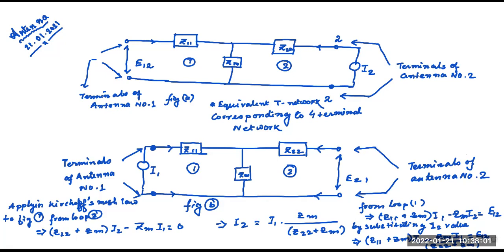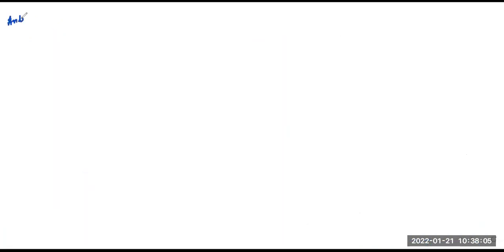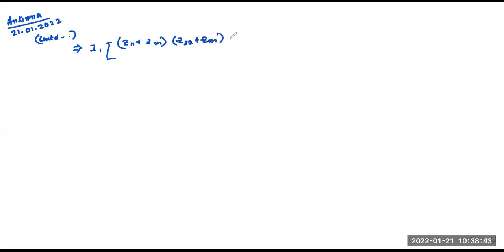Continuing this portion, what we get? I1 in brackets, Z of 11 plus Z of M into Z of 22 plus Z of M, minus Z of M square, by Z of 22 plus Z of M, equals E of 12.